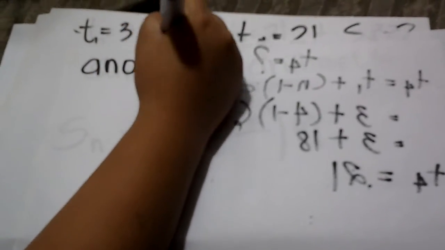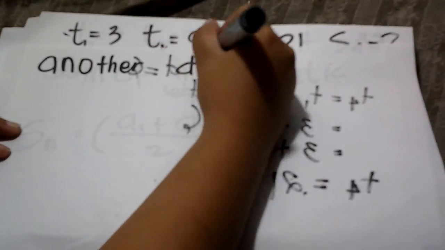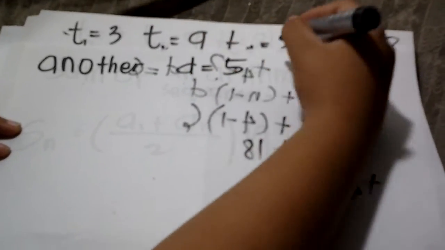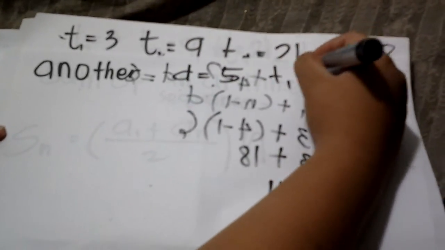Another example. We have d, or the common difference, equal to 5 and t sub 1 equal to 10.